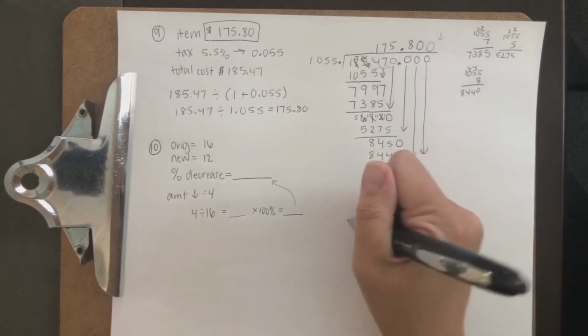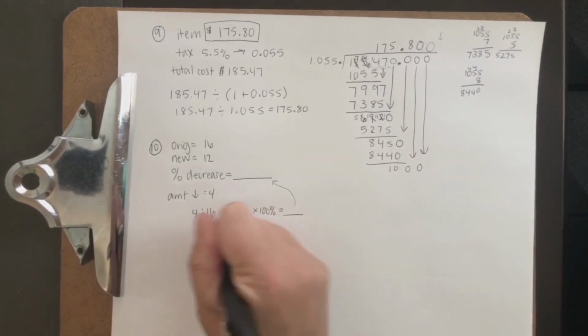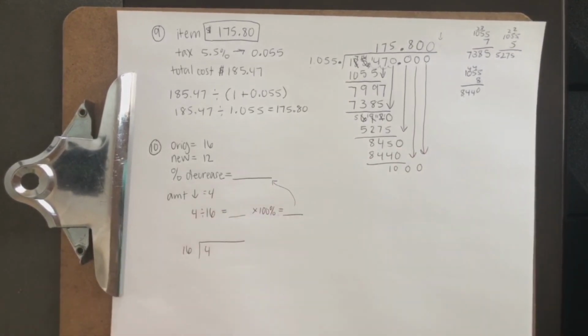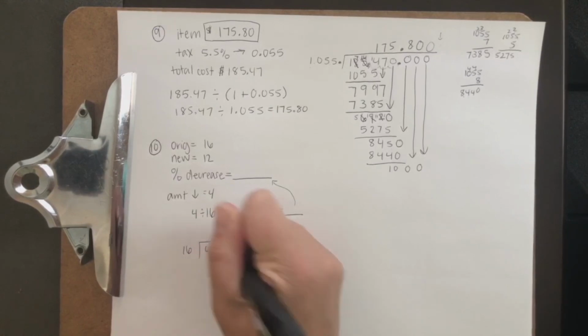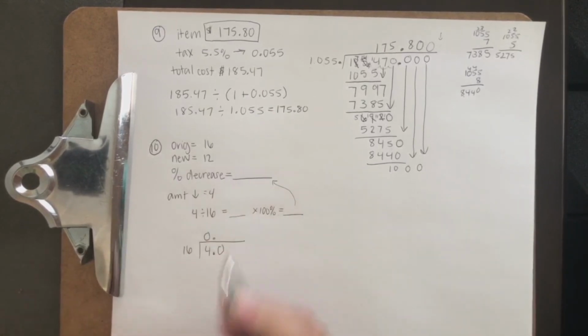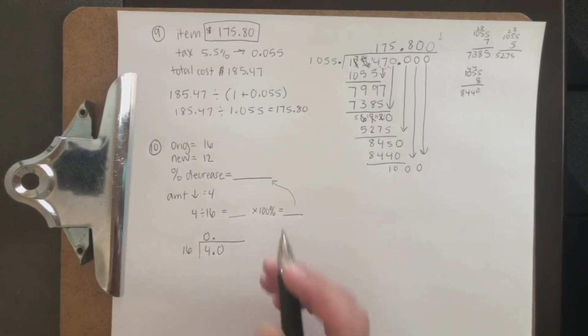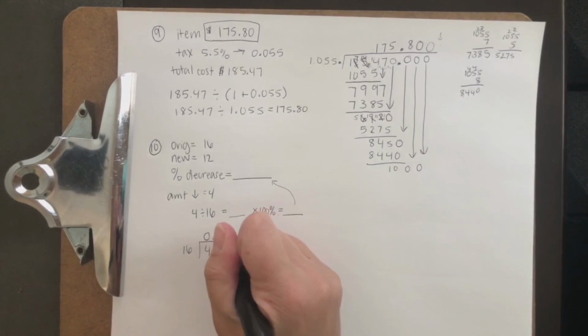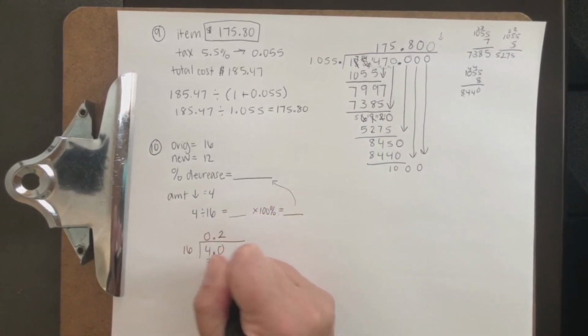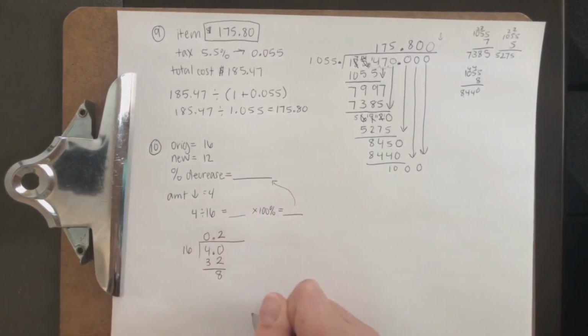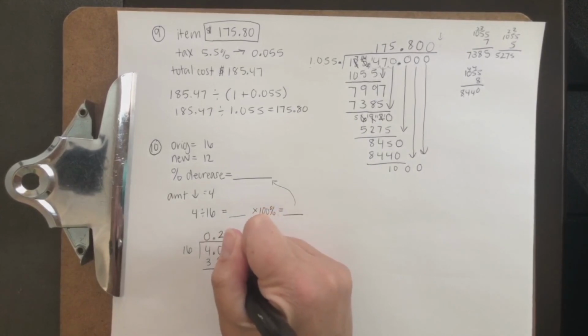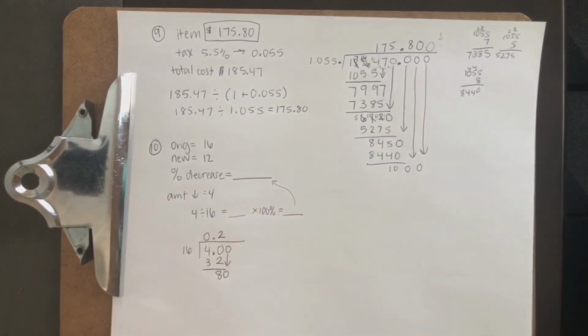Okay? So 4 divided by 16, we need a decimal. So 16 into 40. Let's see, 2 times 16 is 32, and we have a remainder of 8. Add a 0, bring it down, 80.